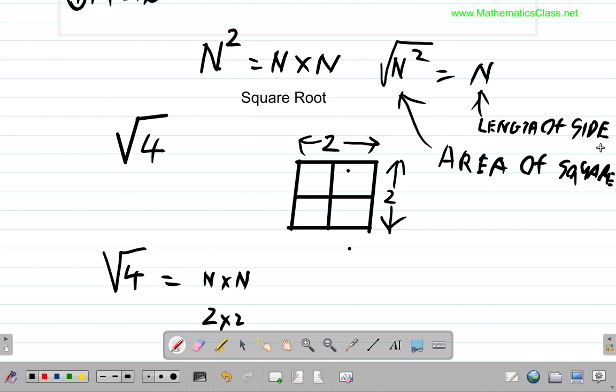Now, of course, without talking about the actual square shape, you can say the square root of one number is a certain other number. When you have two of that number and multiply them, you get back the number you are finding the square root of. So the square root of 4 is 2, because 2 by 2 gives you 4.